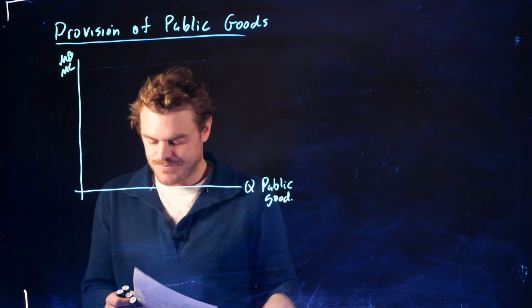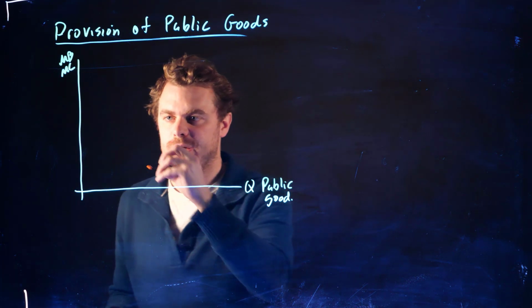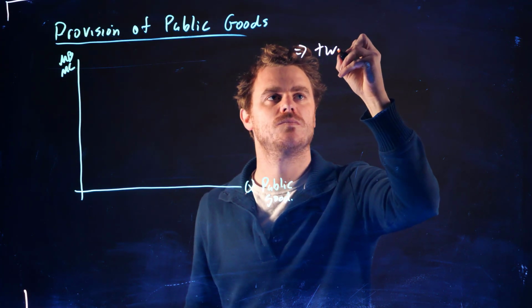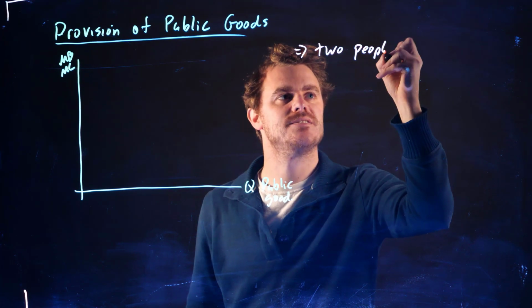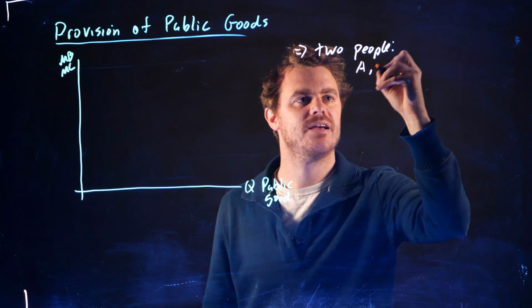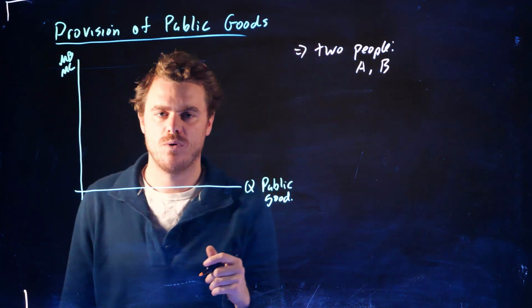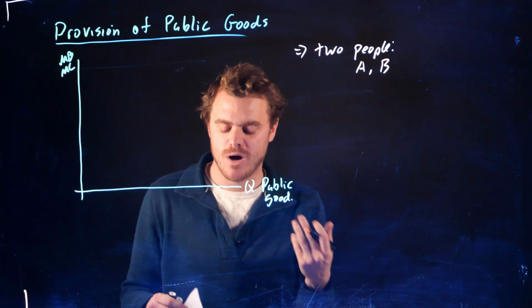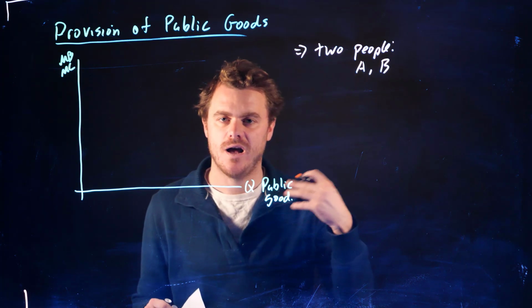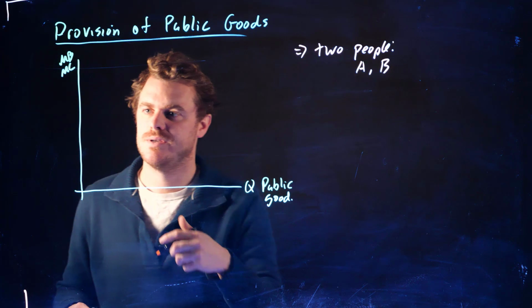All right, so let's say there's two people in this society, person A and person B. They each have their own marginal benefit of using this good.